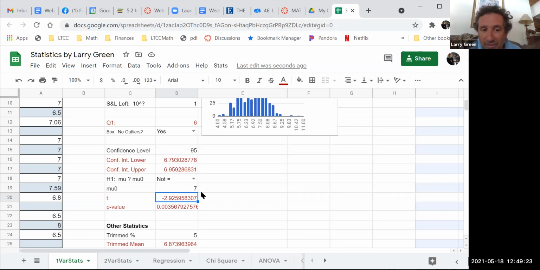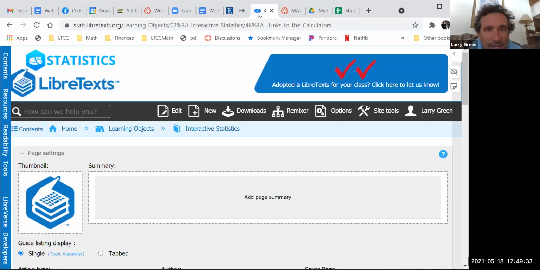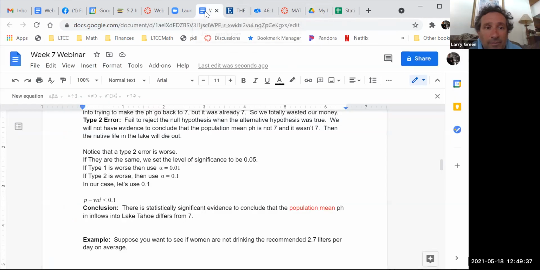And that was our pH of 7. That was our status quo number. And our p-value, sorry, was 0.004-ish. So let's go ahead and put that in just a minute. 0.004. Which is definitely still less than 0.1. So we still can say this. I made one little error.